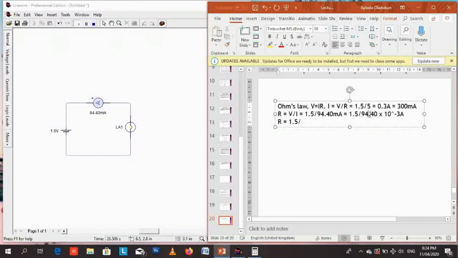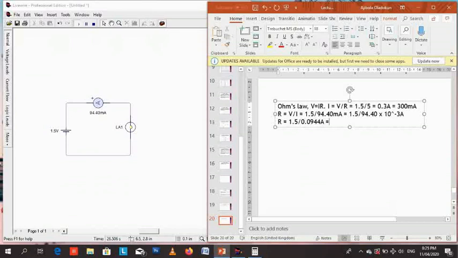Move the cursor like I stated. This is the floating point. Move it to the left 3 times: 1, 2, 3. The first 2 times covers the 94. The third time adds an extra 0 to the left. So that's 0.094 amperes. That's the current.